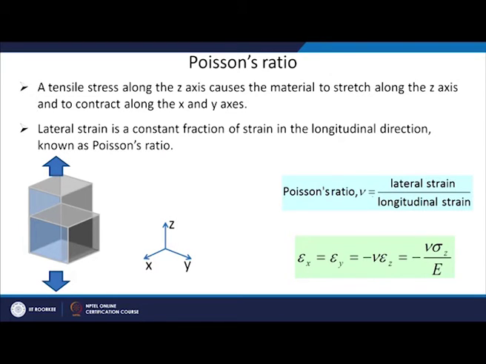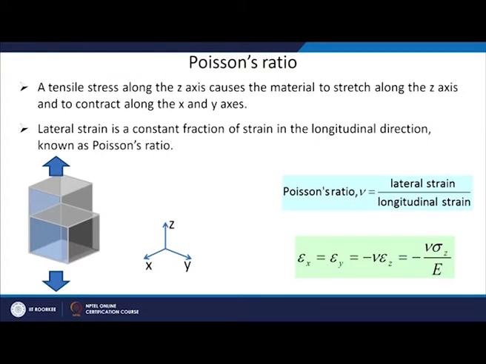So, Poisson's ratio nu is equal to lateral strain over longitudinal strain. Okay. So, epsilon x in the x direction or epsilon y in the y direction is equal to minus nu of epsilon z. Okay. Why we are keeping a minus sign here is because if the strain in the z direction is tensile, in the x and y direction there is a contraction, okay, there is a negative dilation.